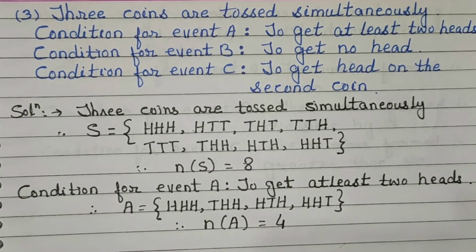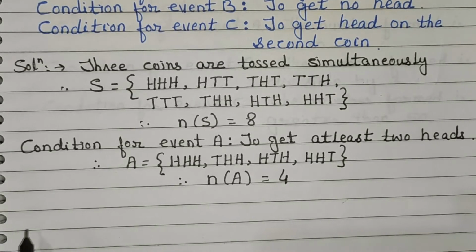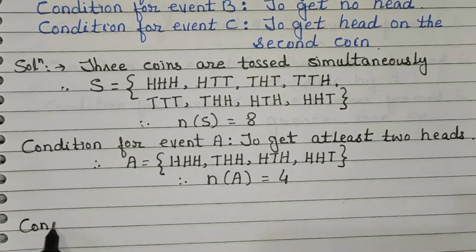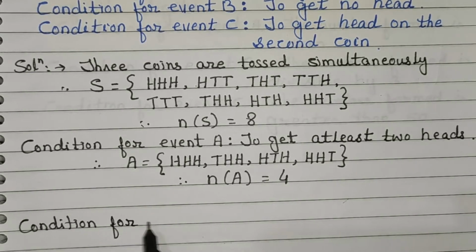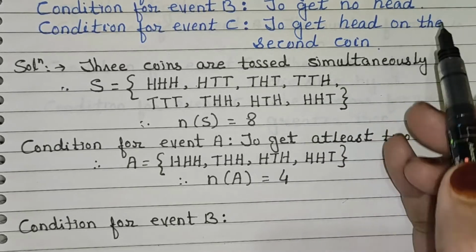Now, next. Condition for event B. Write down here. Condition for event B. Now, the condition is to get no head.